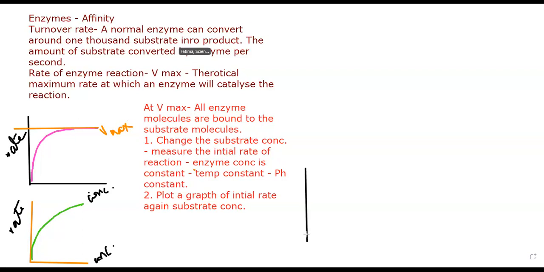I can plot a graph, but not a graph of rate of reaction and concentration. I plot a graph of 1 upon S, so 1 upon substrate. I take the same substrate concentration, but I do 1 upon S.